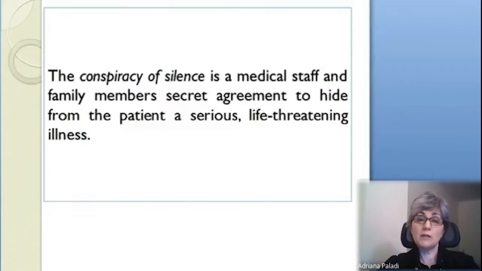In palliative setting, the conspiracy of silence should be avoided because it breaks or violates the right of the patient to be an active participant of healthcare decision and the right of the patient to be appropriately informed about his or her medical condition.